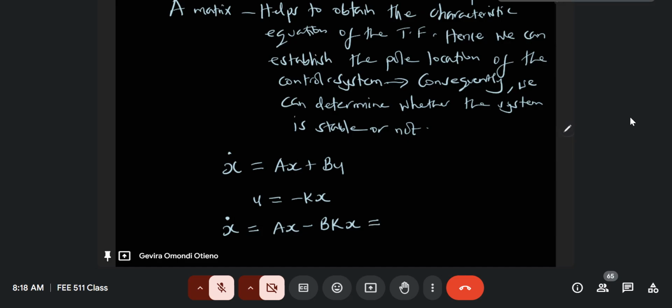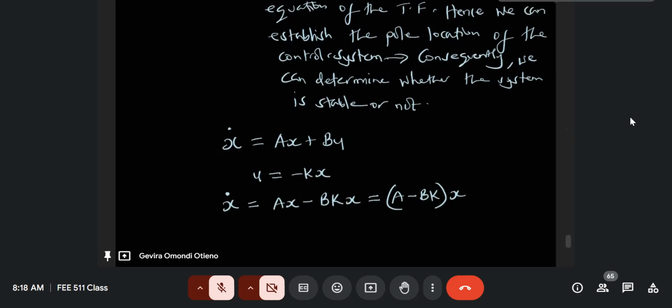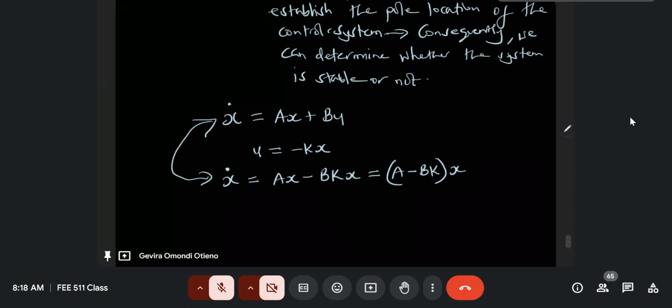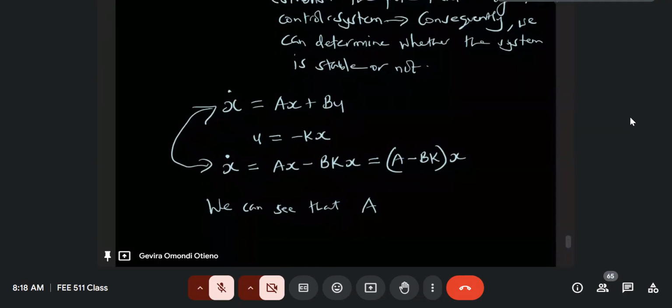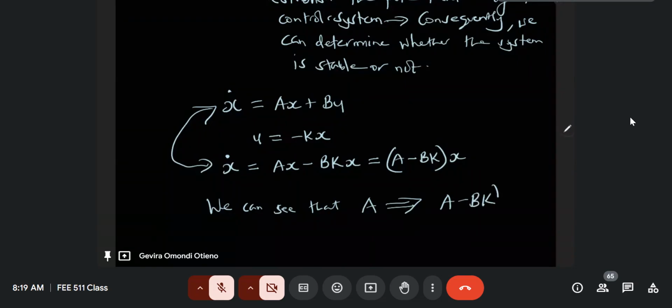We can quickly write this because we have a common term on both sides. So we can have A minus BK, in brackets, x. Clearly, if you compare these two equations, you can see that the matrix A, the one that I told you was very, very important in establishing the characteristic equation, has been transformed into A minus BK, just by observation.